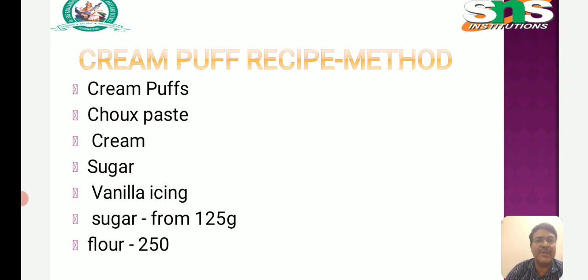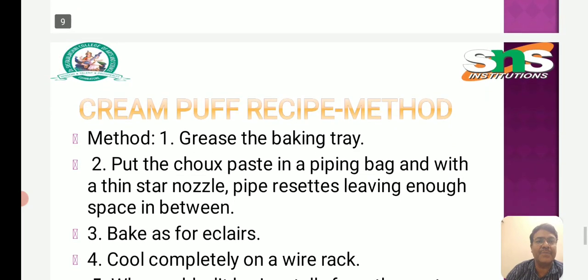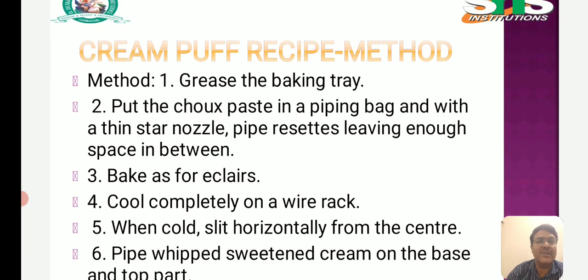Cream puff recipe, made out of choux paste, fresh cream, sugar, vanilla icing, flour, etc. For making cream puffs, grease the baking tray and put the choux paste in a piping bag with a thin star nozzle. Pipe rounds leaving enough space in between.